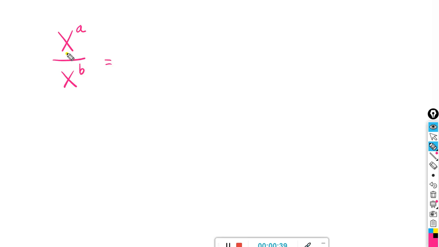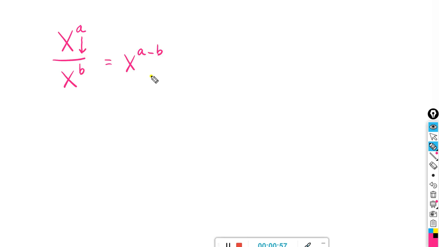In this case, the base number is x, and since we are dividing, what you do with the exponents is you subtract them going down. So the new exponent is going to be a minus b.